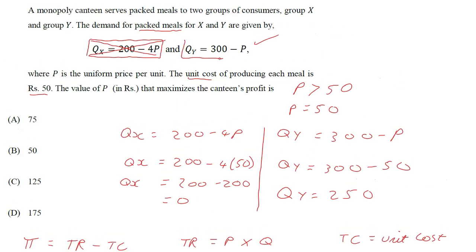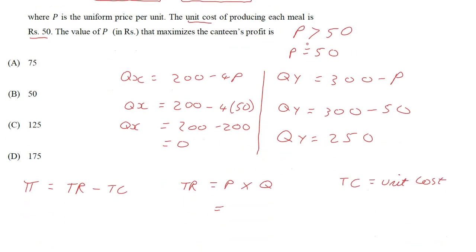The entire right hand side of this equation is quantity, because quantity Y is equal to 300 minus p.